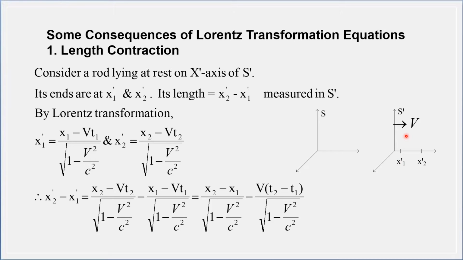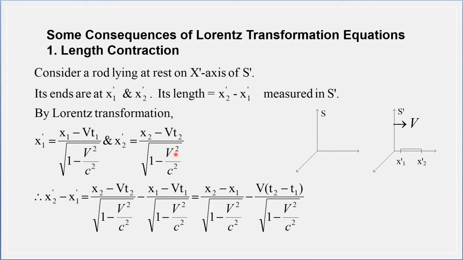That means, observe in the second frame, you will see that the rod is at rest. Although the frame is moving, the rod is at rest, just like when the bus is moving, the rod which is kept on the floor of the bus is at rest. So if we measure the length, you will find it is x2 dash minus x1 dash. Now here we use the Lorentz transformation equations.